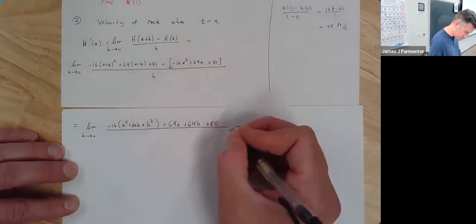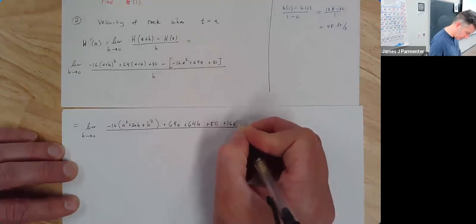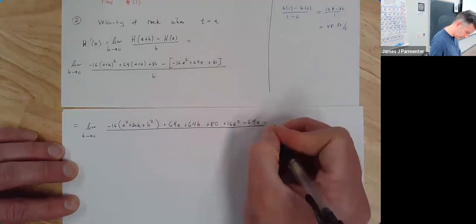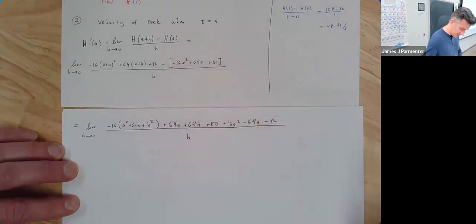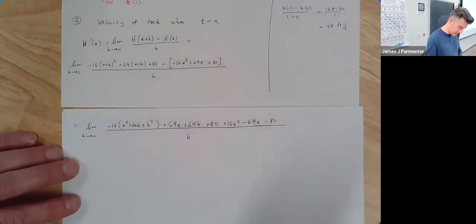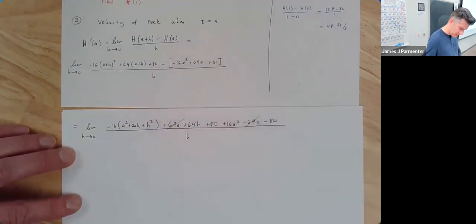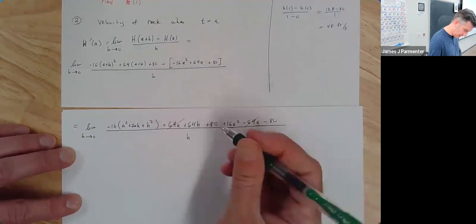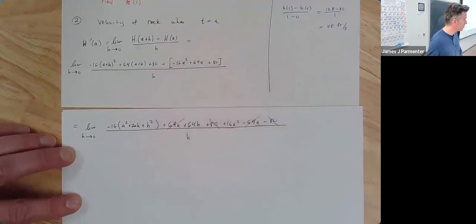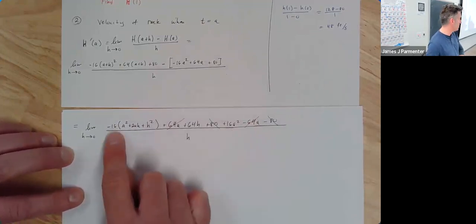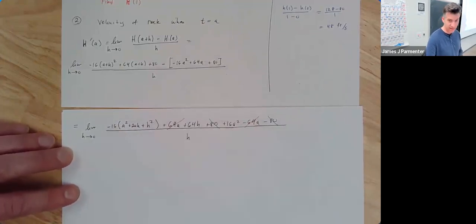The minus and minus is plus 16A squared minus 64A minus 80 all over H. And at this point, I can cancel a few things. The 64A and the negative 64A cancel, and the positive 80 and the negative 80 cancel. I can't cancel out this 16A squared yet because I haven't distributed this negative 16 here yet. So I have to do that in the next step.